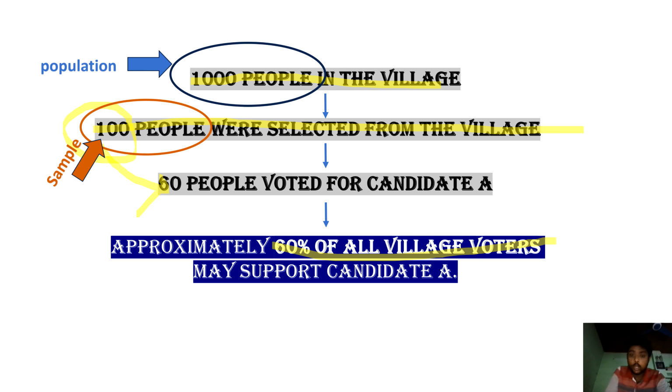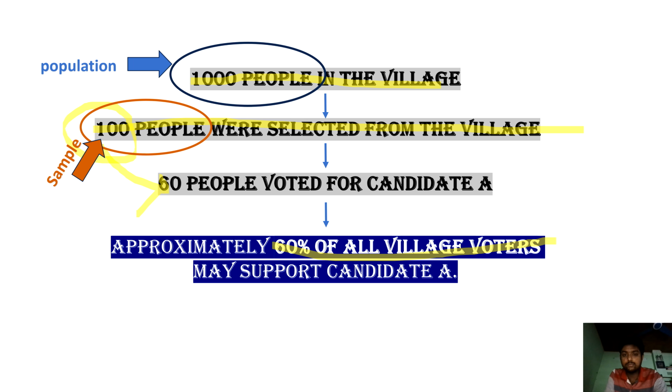This is the example where, of 1000 people in the village, 100 were selected, and within these 100 people, 60 are voting for candidate A. So approximately we can tell that 60% of all village voters may support candidate A.